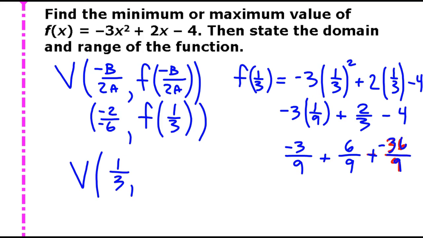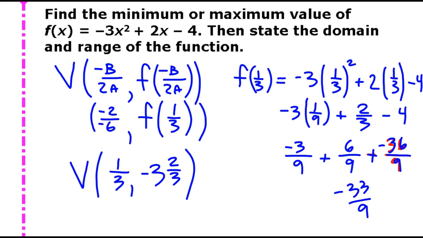What do you get when you add those all together? You get -39 plus 6, -33 ninths. That's like 3 2/3. So -3 2/3, I believe. Yep, that's correct.